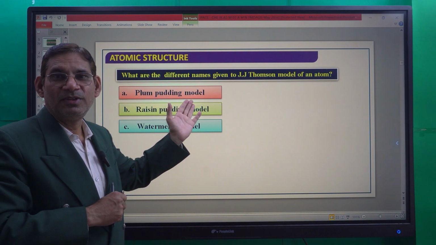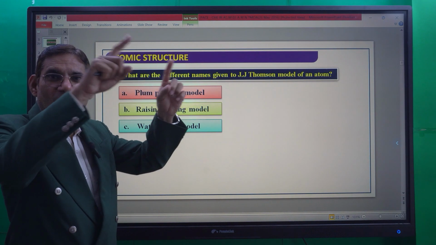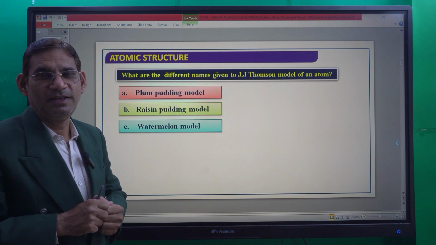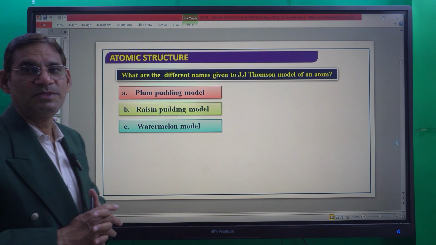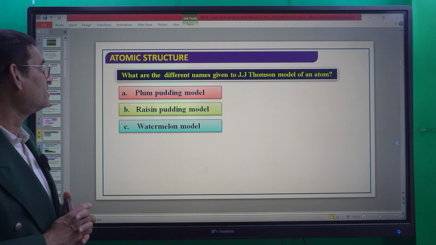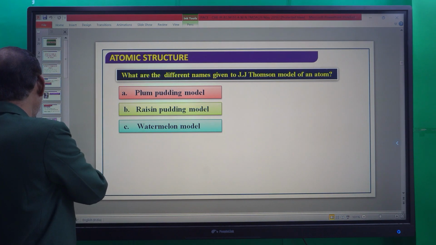In the atom also, electrons and protons are uniformly distributed throughout the sphere, throughout the atom. So these are the different names given to Sir J.J. Thomson's atomic model.